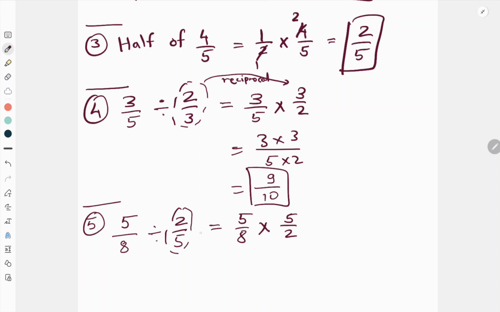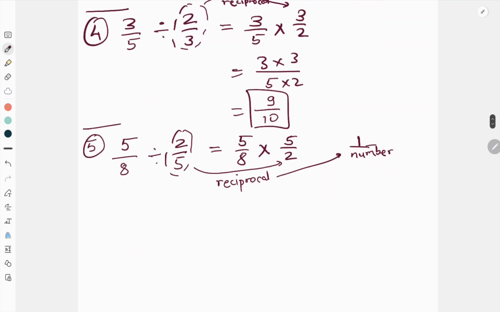So this 2/5, we take the reciprocal of it and multiply by the reciprocal. Reciprocal is just 1 divided by a number. In the context of fractions, the numerator and denominator are switched. So this is equal to 5 times 5 divided by 8 times 2, which is 25 divided by 16.